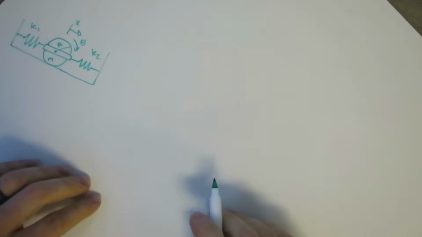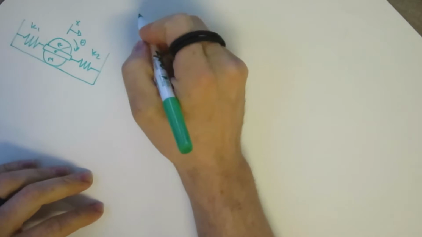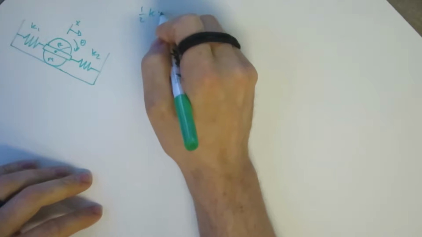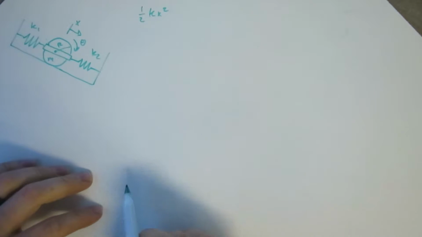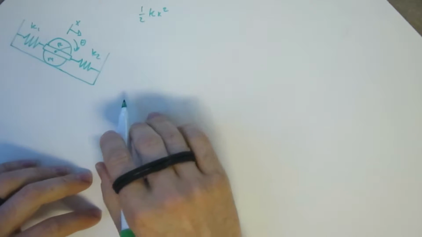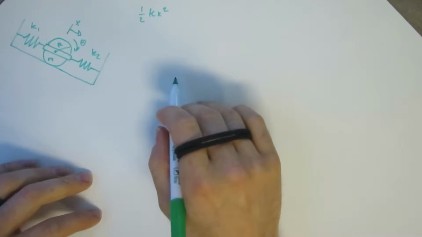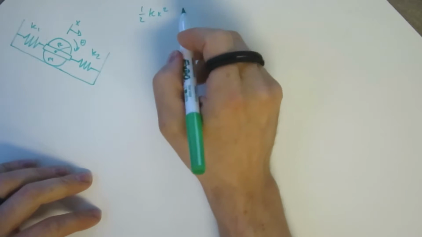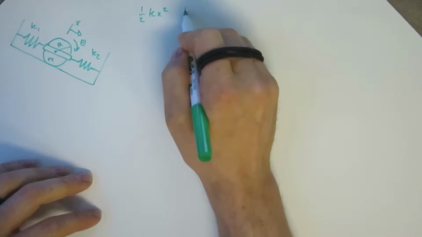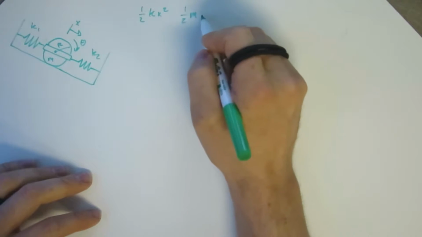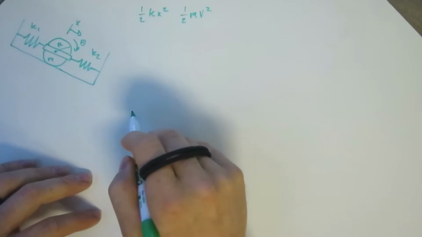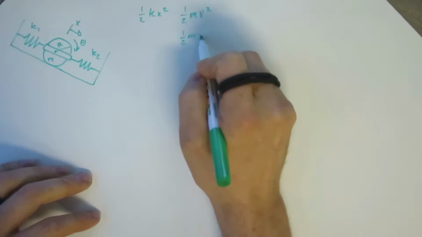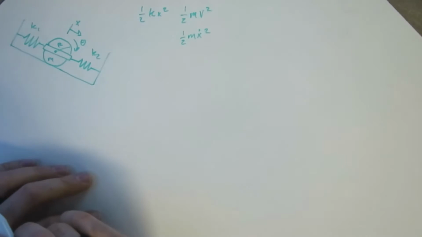As you hopefully recall, the energy for a spring is 1/2 kx squared, 1/2 spring constant times the displacement of the spring squared, and the energy of any moving mass, any translating mass, is 1/2 mv squared. This is also known as 1/2 m x dot squared.